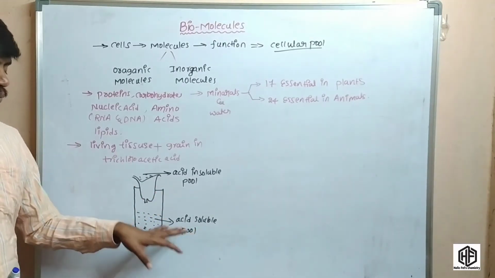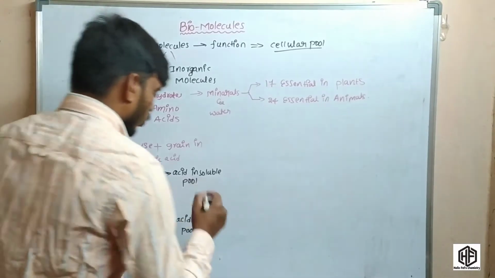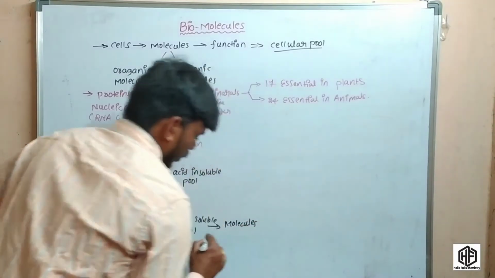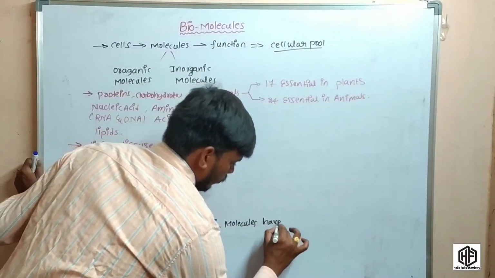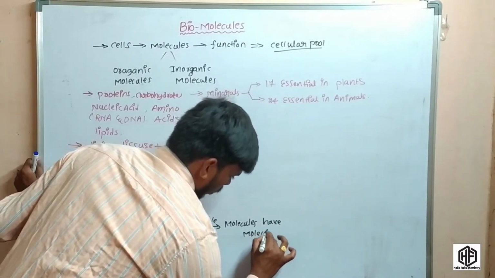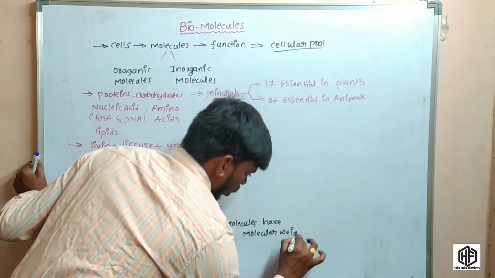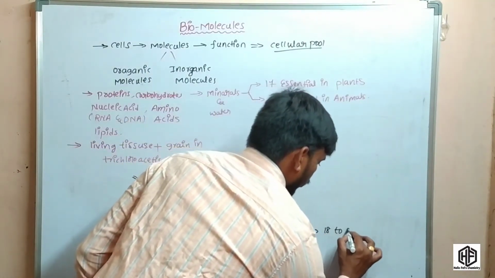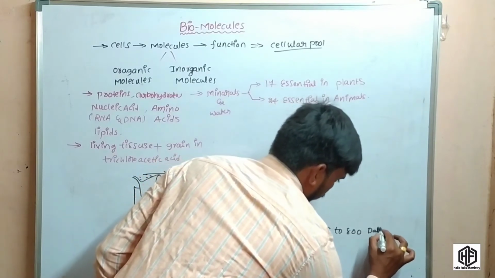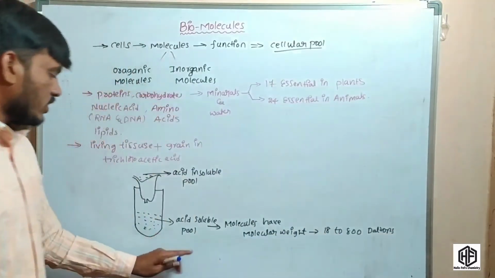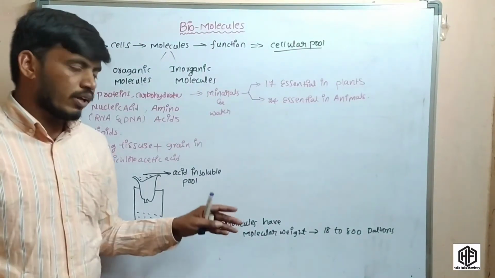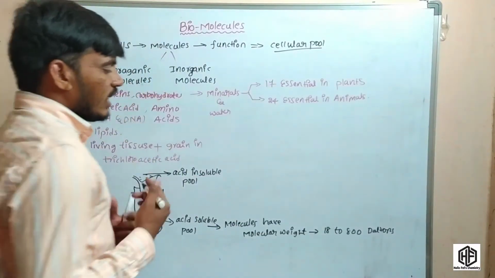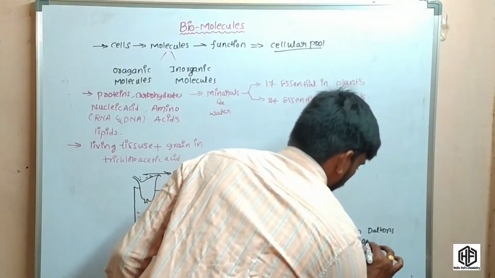The acid soluble pool contains molecules whose molecular weight is in the range of 80 to 800 Daltons, which is nearly approximately 1000 Daltons.